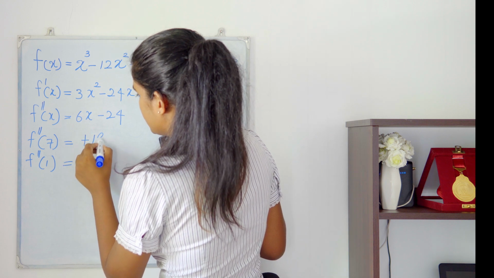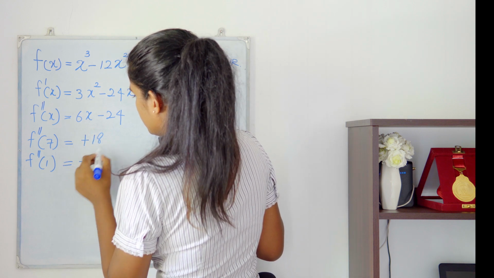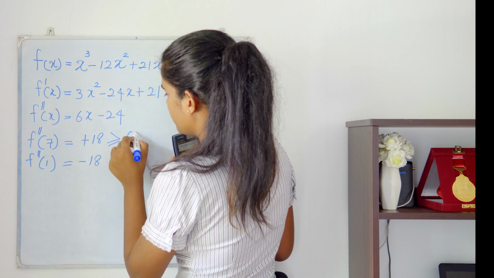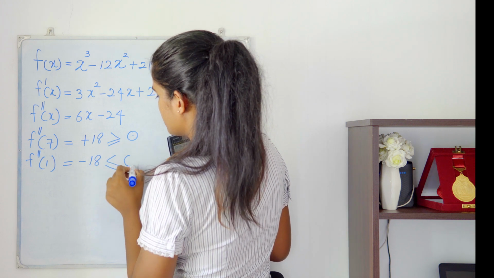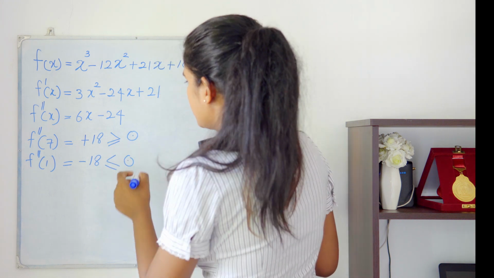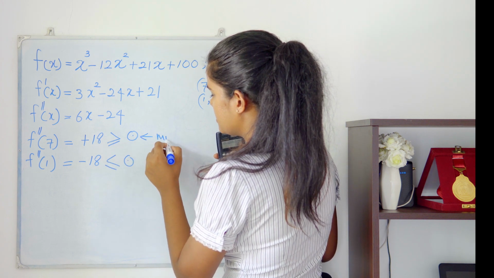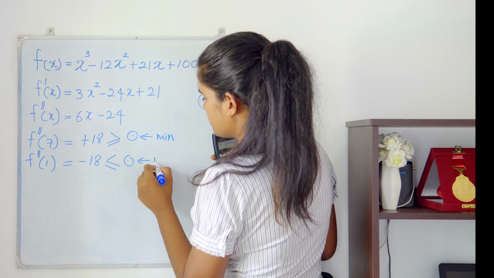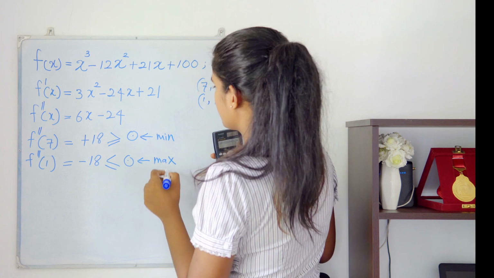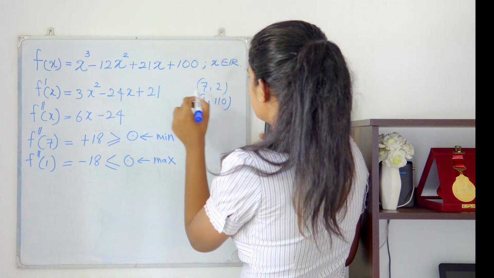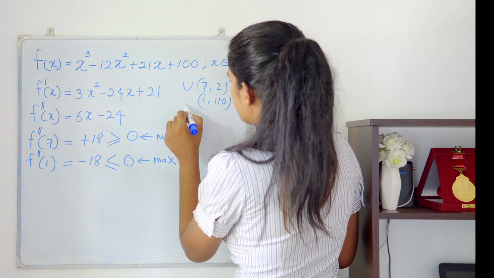This is plus 18 and this is minus 18. This is greater than 0 and this is less than 0. So this is a minimum and this is a maximum.